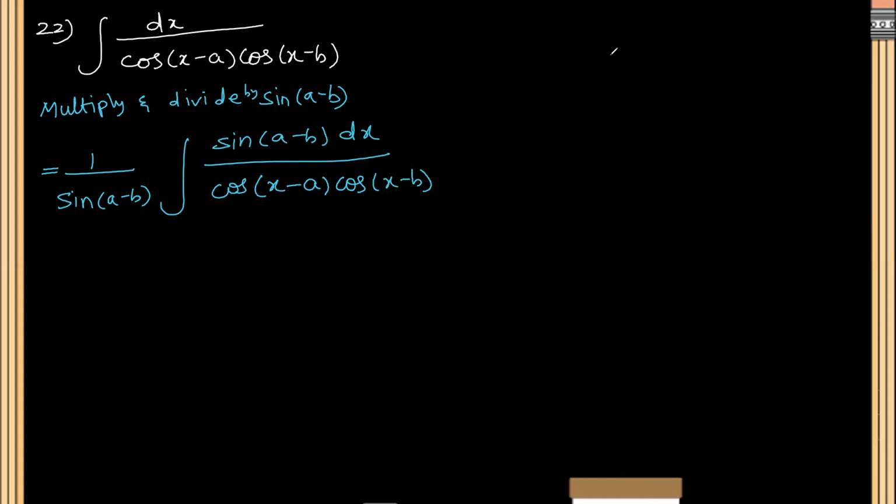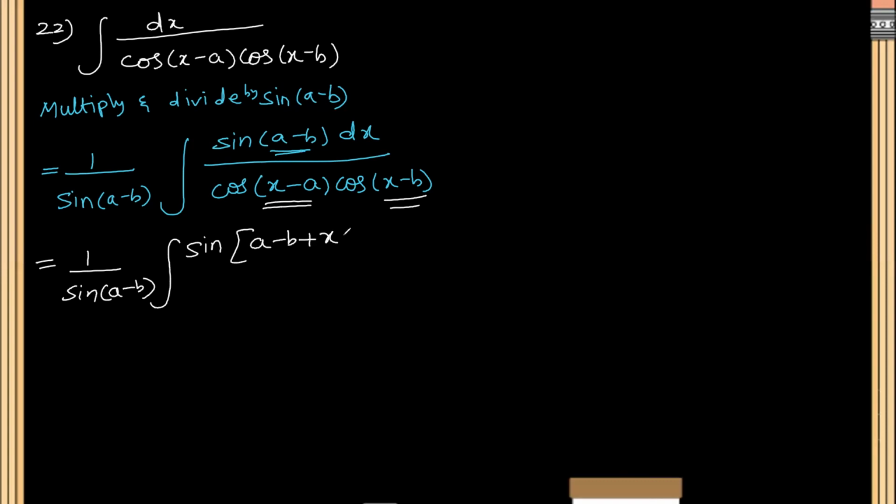Now inside this argument, we add and subtract x so that we can make it in this form. So 1 by sine of a minus b into sine of a minus b plus x minus x. As I told, adding and subtracting x inside the argument, and the other terms as it is, cos of x minus a into cos of x minus b dx.